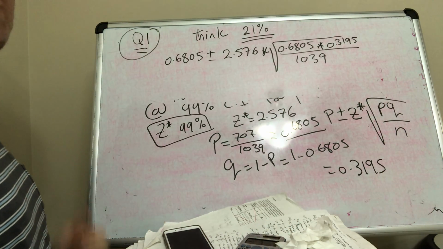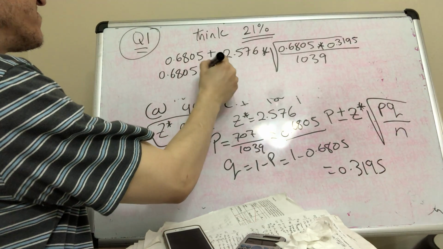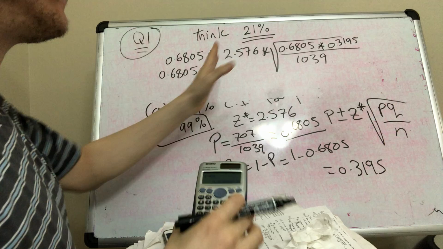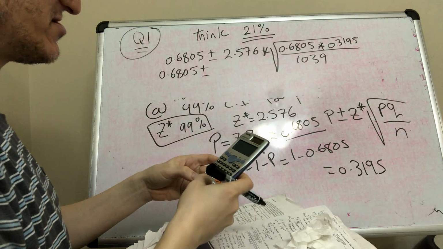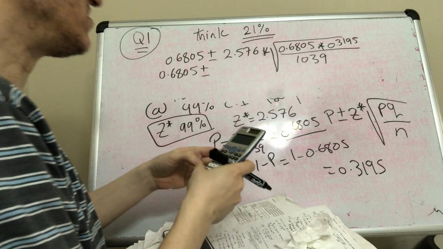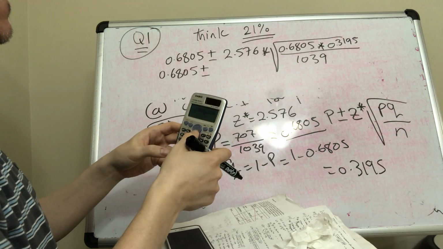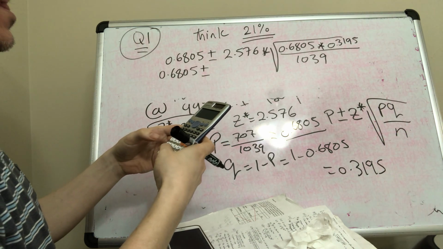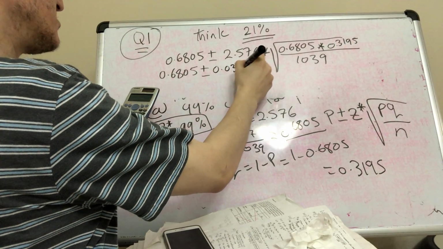As we know, this number we bring down, and we do the margin of error, what comes after the plus or minus. And this will give you 0.0373.